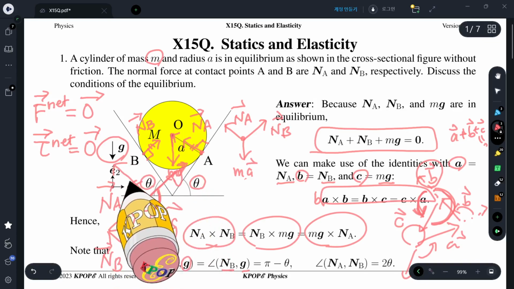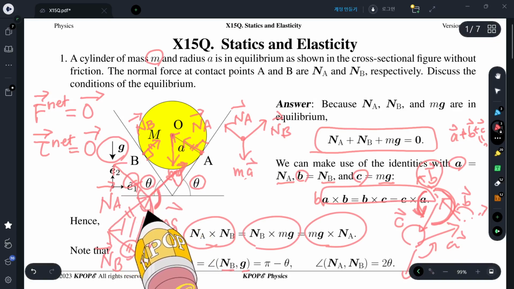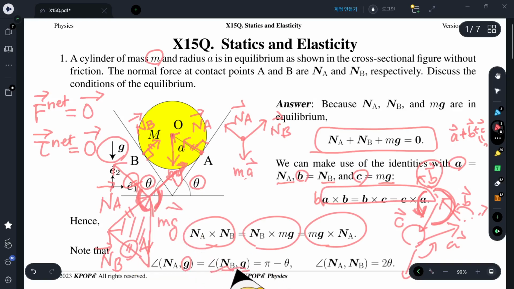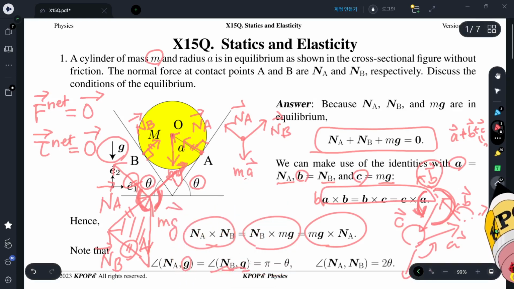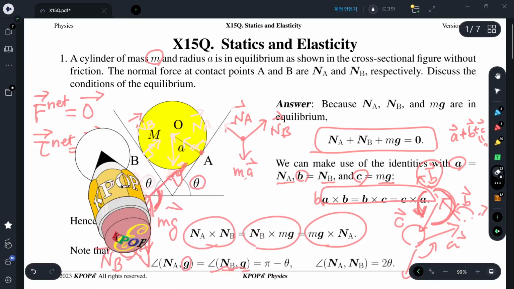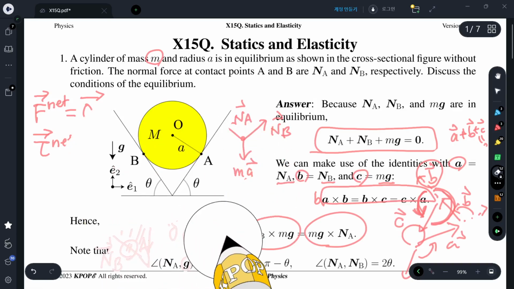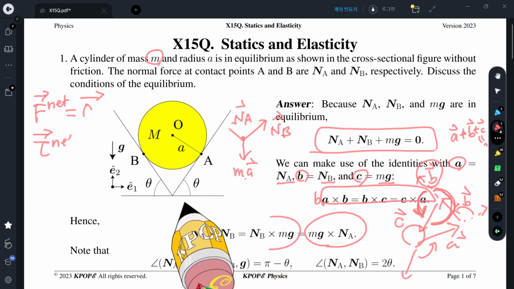So this is NB and the gravitational force. So these two angles are the same. That's fine. And then, let me erase everything. It's too busy. Theta is in here.